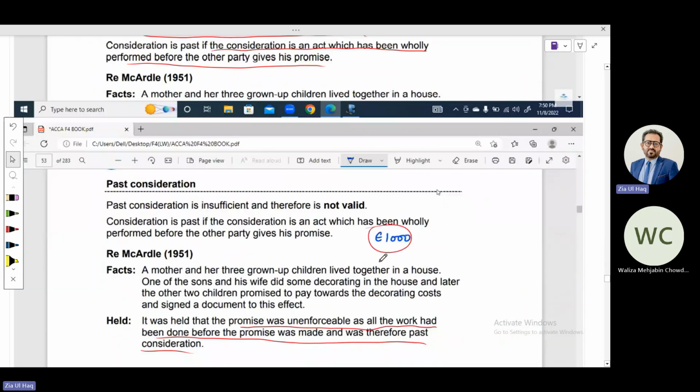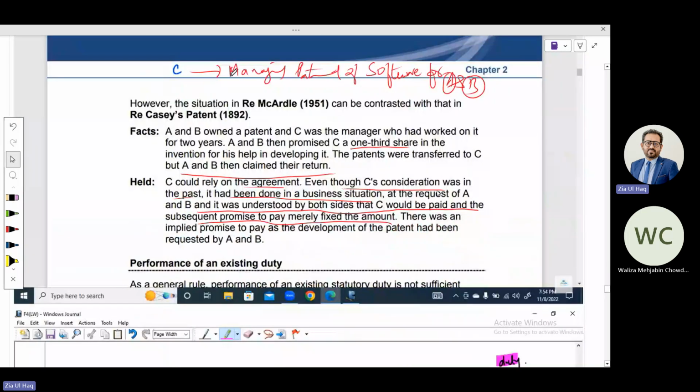As this case of A, B and C was in a business situation, if A and B promise, like, we will pay you 1/3 of the sale of the software because you helped us in managing the patent in the past, now A and B will be liable to pay C because that past consideration he has done in managing the software was valid consideration. So past consideration is not valid, but in case of a business situation, it will be considered valid.